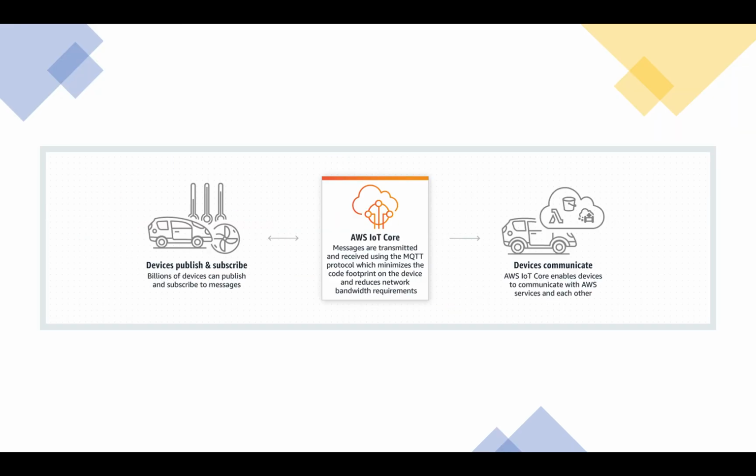This is how AWS IoT typically works. The cloud service is what we call AWS IoT Core, and devices can keep publishing or subscribe to AWS IoT Core, so it can happen both ways.